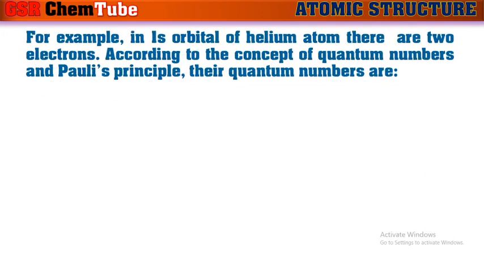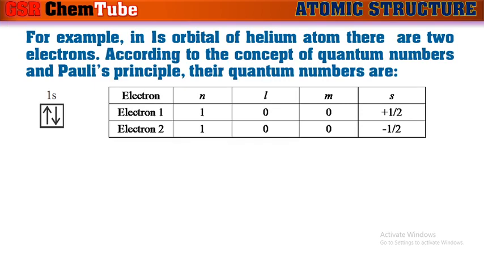For example, in the 1s orbital of helium atom, there are two electrons. According to the concept of quantum numbers and Pauli's principle, their quantum numbers can be given like this. So here you can see the 1s orbital of helium has two electrons, and the quantum numbers for these two electrons are written like this.